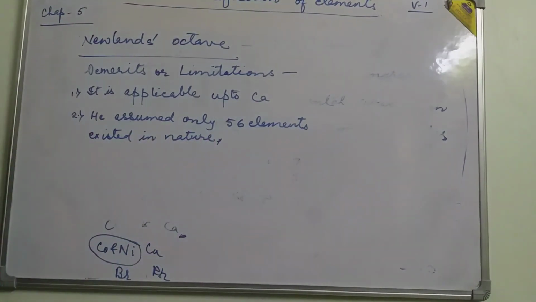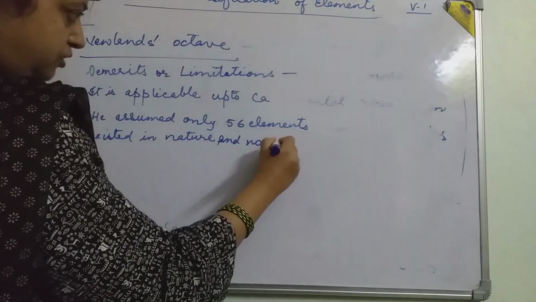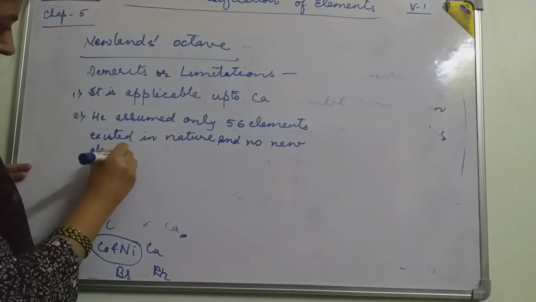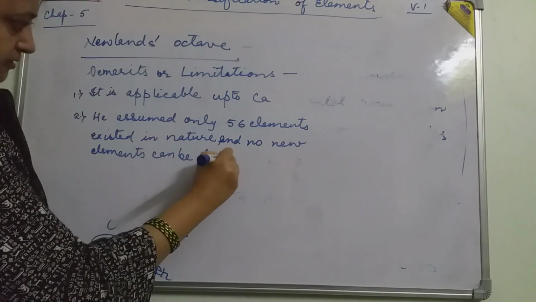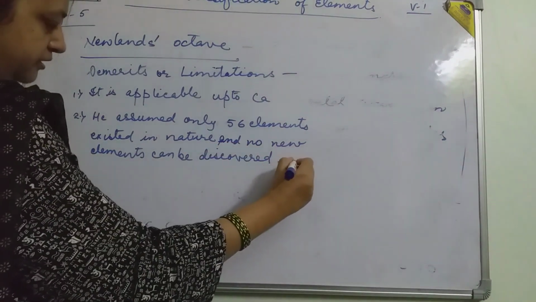Means no more than 56 elements can be discovered in future. You can write it: no new elements can be discovered in future.